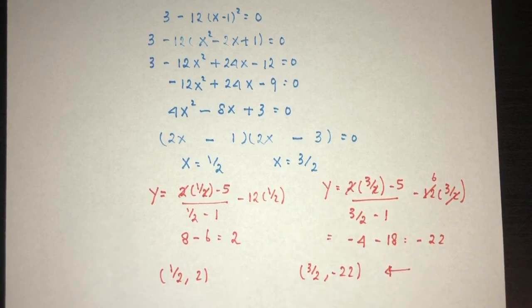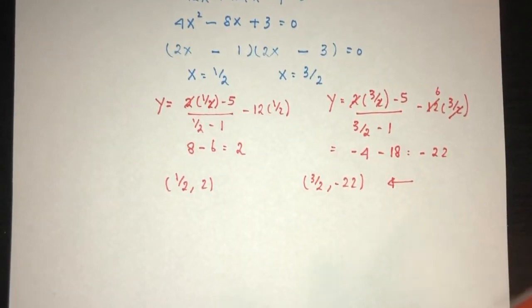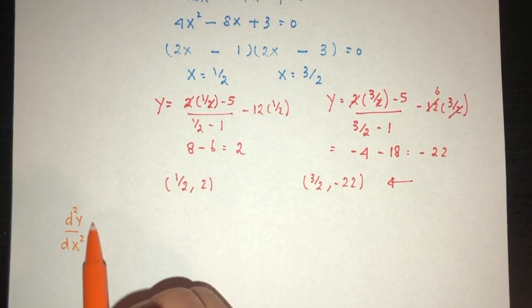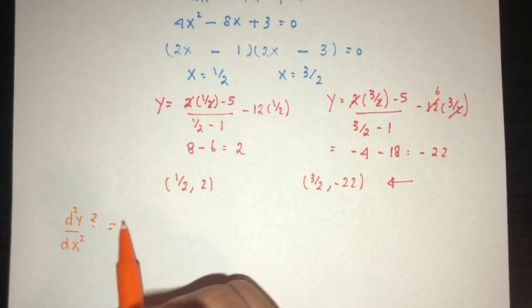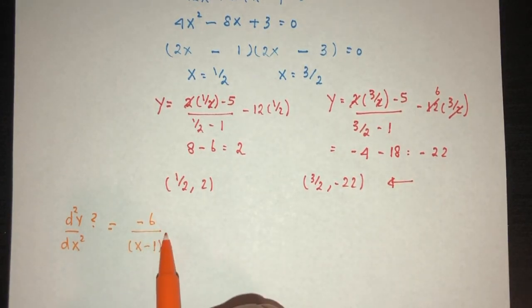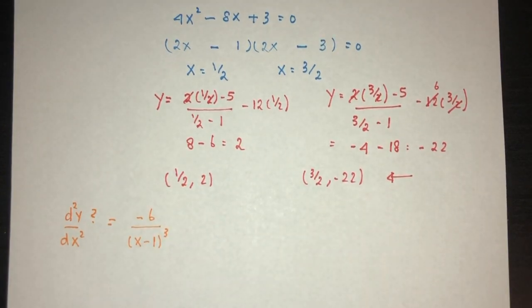These two will be the stationary points. And now we have to find the nature. To find the nature, we always have to look at d2y by dx2. So d2y by dx2 is equal to minus 6 over (x minus 1) cubed. For this one, as you can see here, the value of x is equal to half.